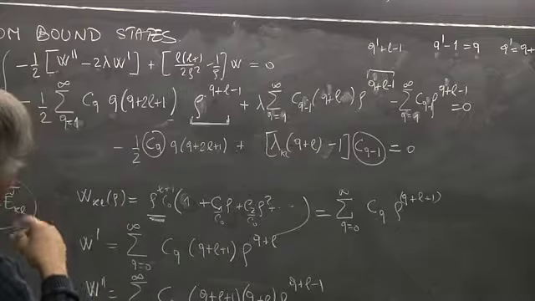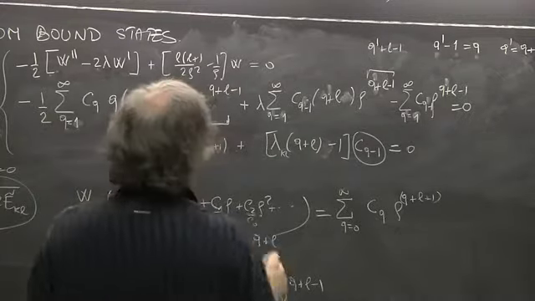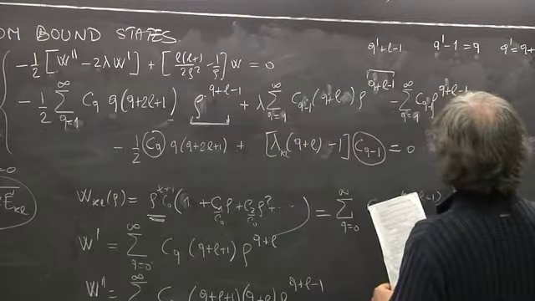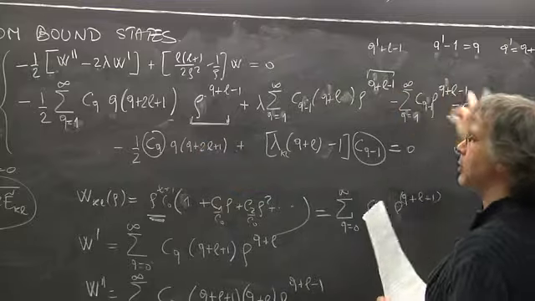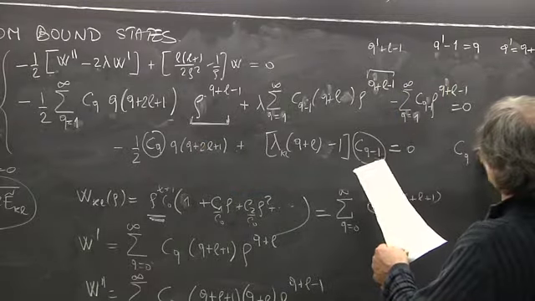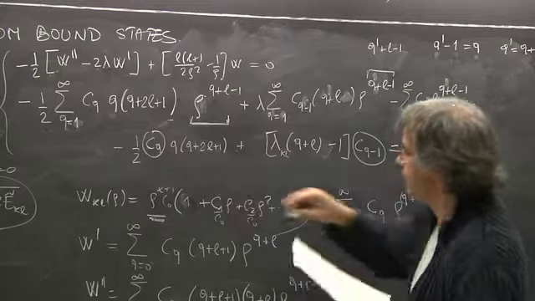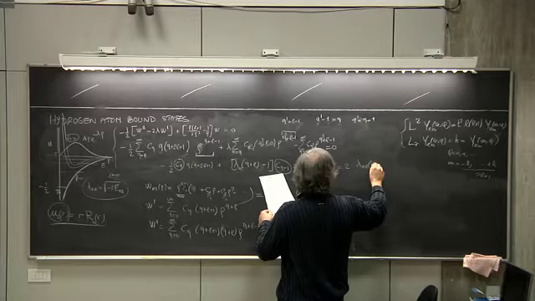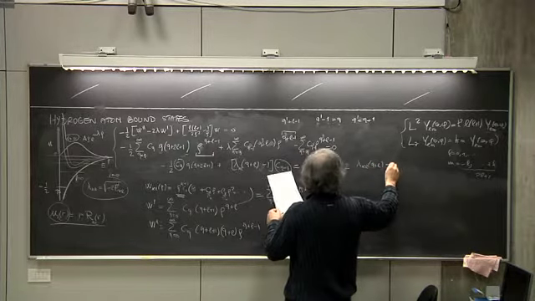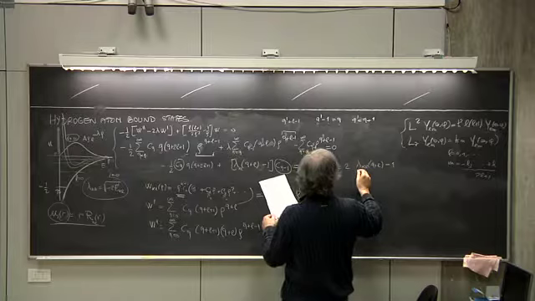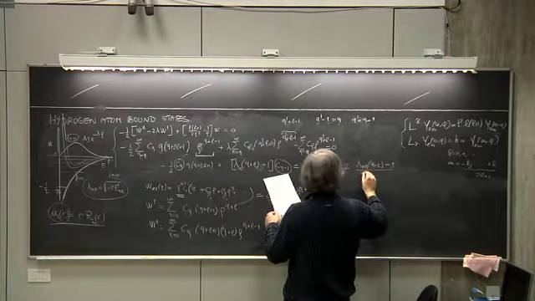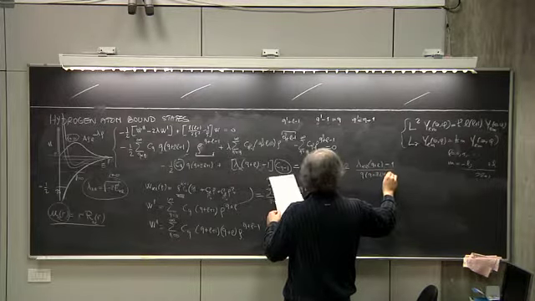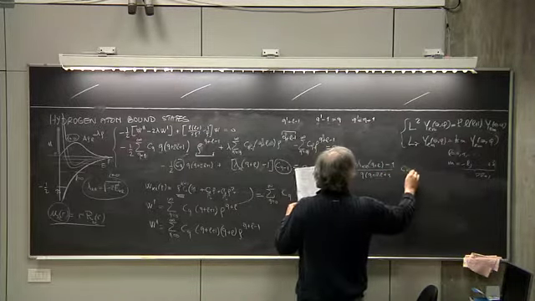Ratios of coefficients. So from this object, you immediately find that C_Q, just bring it to the other side, is equal to twice lambda, times Q plus L minus 1, the minus 1 being due to the Coulomb potential, divided by Q times Q plus 2L plus 1, times C_Q minus 1.